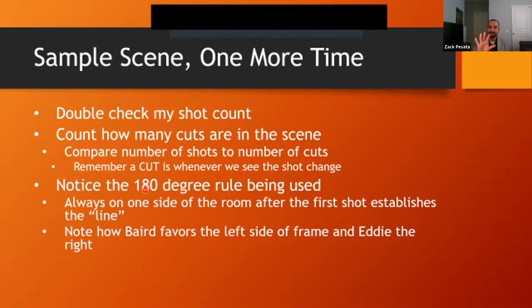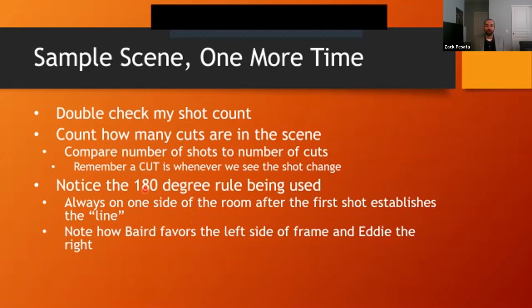There are 11 unique setups, but as I mentioned before, a dialogue scene could have 2 setups and we could cut 1,000 times if we wanted to. We're just cutting back and forth, back and forth. So double check my shot and setup count, count how many cuts are in the scene, and compare the number of shots to the number of cuts.